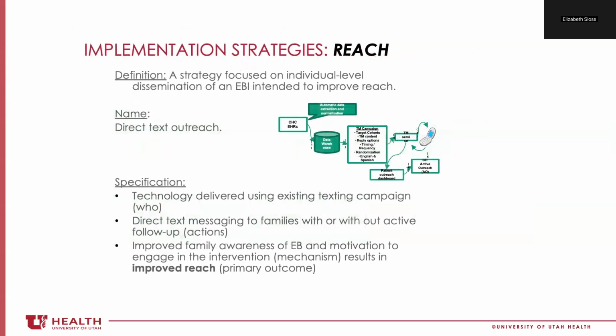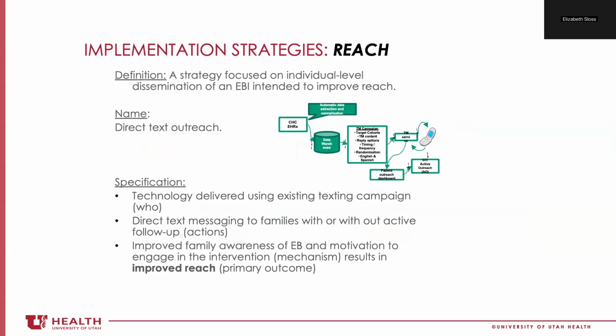So these are based on RE-AIM. Here's a definition of a strategy for reach: a strategy focused on individual level dissemination of an evidence-based intervention intended to improve reach. So this one, we're going to label it as a direct text outreach.